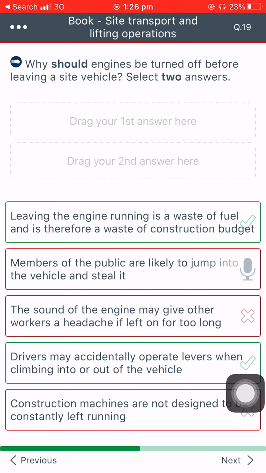Members of the public are likely to jump into the vehicle and steal it. The sound of the engine may give other workers a headache if left on for too long. Drivers may accidentally operate levers when climbing into or out of the vehicle.